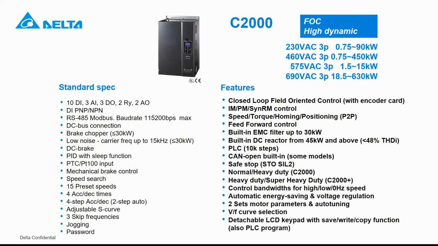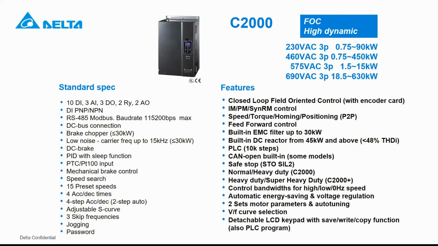Now, moving on to our standard high-performance drive, the C2000, which can run motors in field-oriented control, so that is with encoders. So we support a number of different encoders, anywhere from ABZ to sine-cosine, to resolvers and also encoders with commutation signals and all of that.